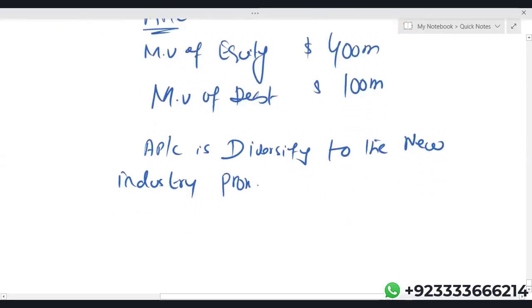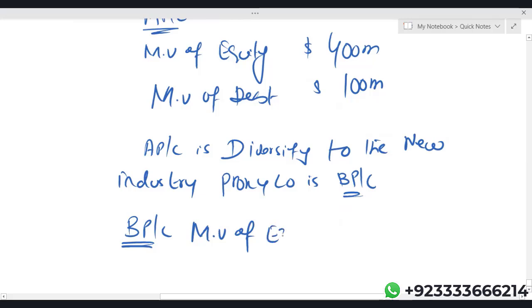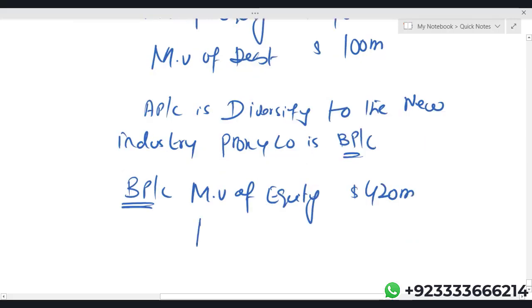In the new industry, proxy company is BPLC. Let's say examiner says BPLC, market value equity is 420 million. Market value of debt, let's say 168 million.